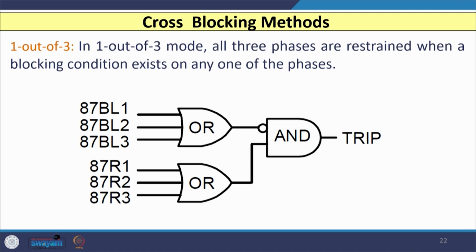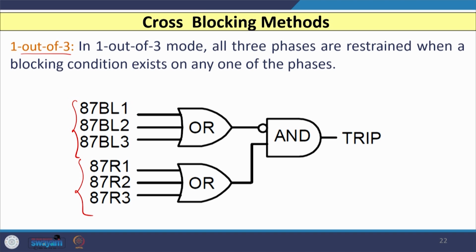and finally, you will have the tripping command. If I consider the third method, which is 1 out of 3 blocking, then in 1 out of 3 mode, all the 3 phases are restrained when the blocking condition exists on any one of the 3 phases. Here you can see that I have again considered the 87R and 87BL separately.